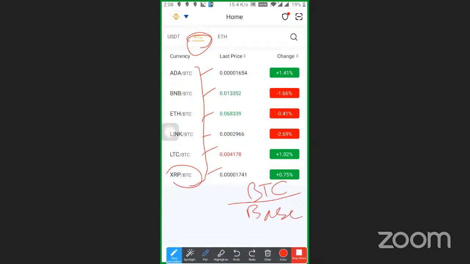Like in the USDT market, we have some base currency, that is we have some USDT. So if we want to trade in any coin, we must start with some amount of USDT. Same in the BTC market, we must have some amount of BTC with which we can trade in any of these pairs. So if you don't have any BTC in your account, in your Binance or Huobi, if you have some USDT, the first step you need to do is go and convert it into BTC.